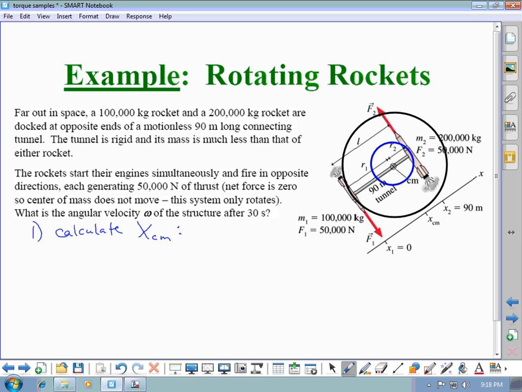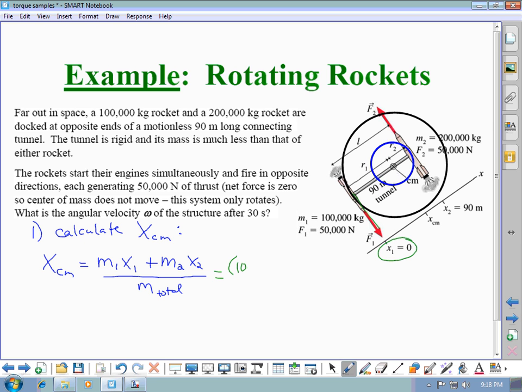The equation for the position of the center of mass is m1 x1 plus m2 x2 over the total mass. And again, you would do that for however many pieces you had. I'm going to let x1 be 0, so this smaller rocket is at a position of 0.